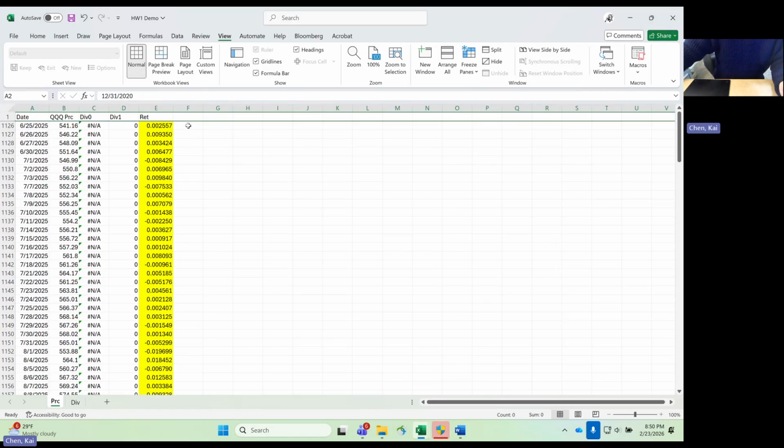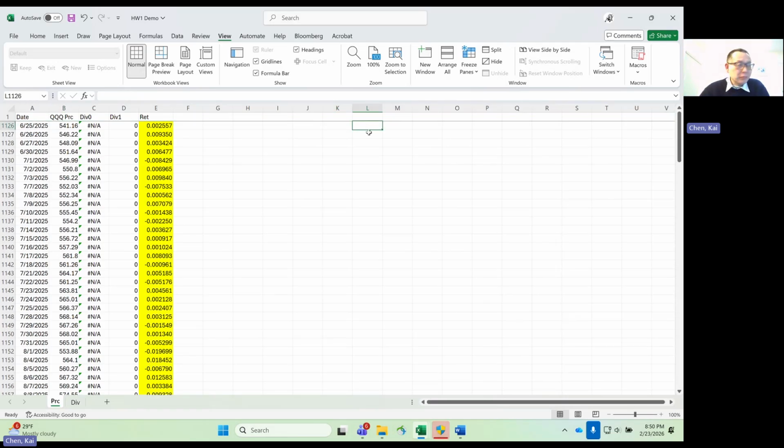Now I'm going to calculate the arithmetic return. Following the formula, first of all, we have to calculate the sum of the daily return from June 25th, 2025 to January 30th, 2026.